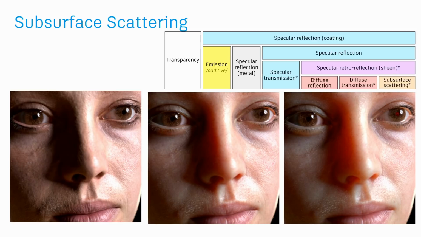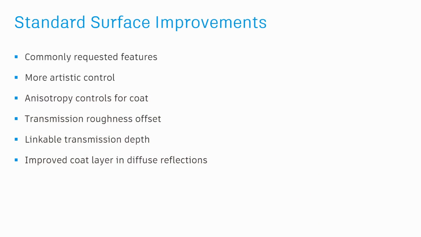When we set out to publish the standard surface as an open white paper, we first went to other vendors and users to get feedback. Following that feedback, in Arnold 5.3 we modified the standard surface to add more control in some cases.